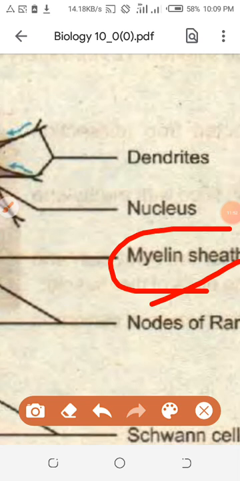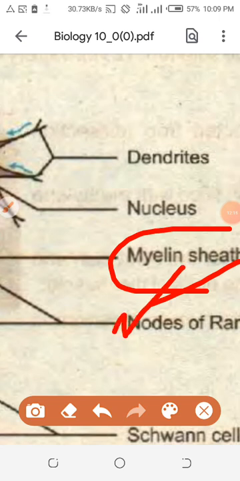They are providing the nutrition. Because the neuron is a very long structure, it needs energy. There are difficult mechanisms, like the sodium pumps, the potassium gates, the sodium gates, which we will study in the senior classes. They need energy, then the nerve impulse will be transmitted in the neuron.